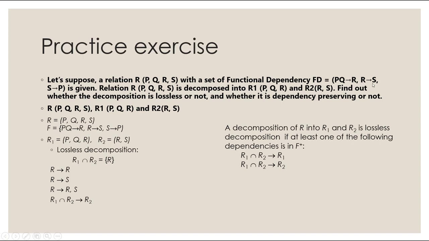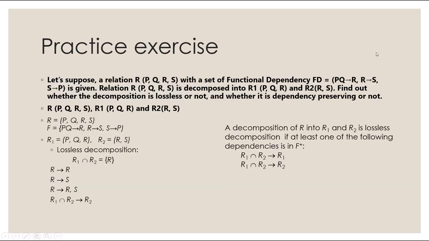So with R, we're also able to get S. And since we know S, we also can get P. So with R, we can actually get R, S, and P. Do we see that in R1 or R2? Yes, R2 has R and S. So the second condition is true, where R1 and R2 gives us R2. So this is in fact a lossless decomposition.